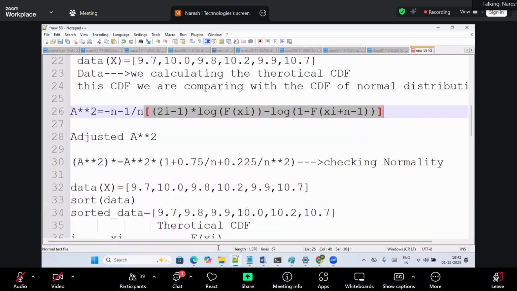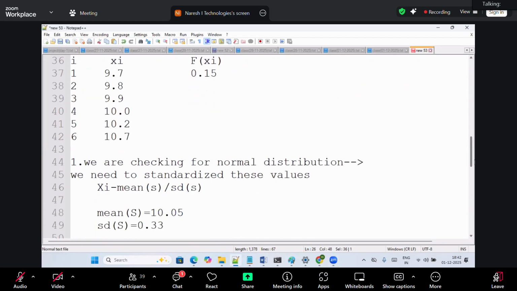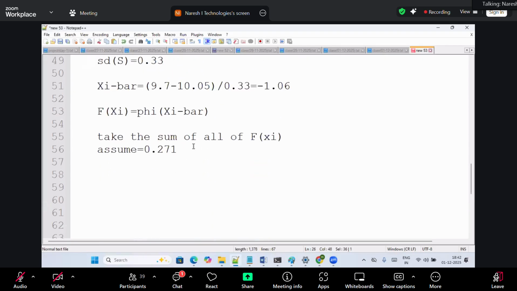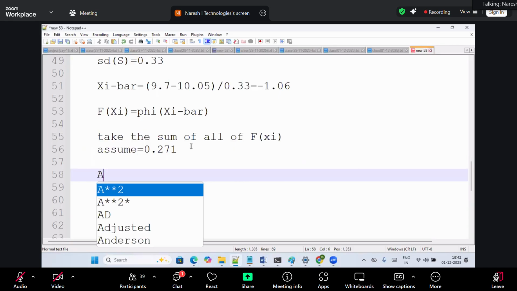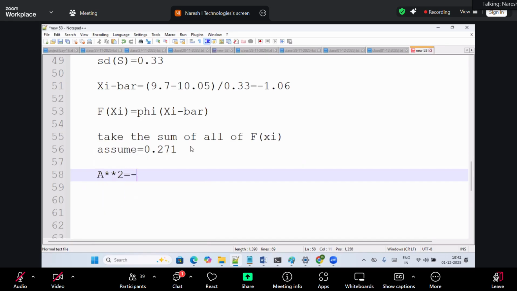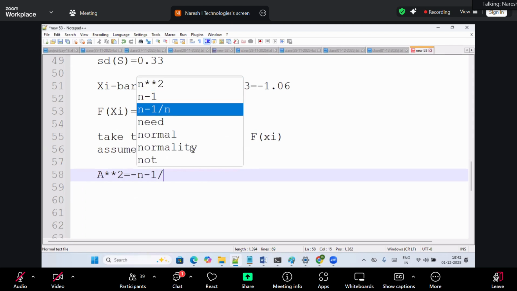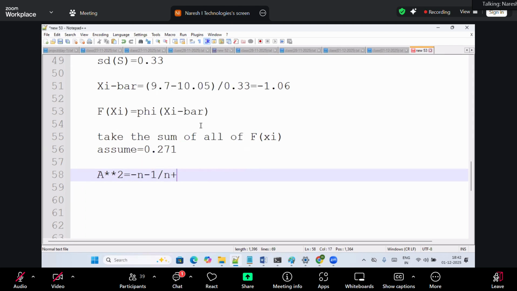So what I'm trying to say, once you calculated this, take the sum of all f of xi, you got this one. Then what is the next thing I need to do? I need to calculate f of x. What is minus n minus 1 by n plus this value?